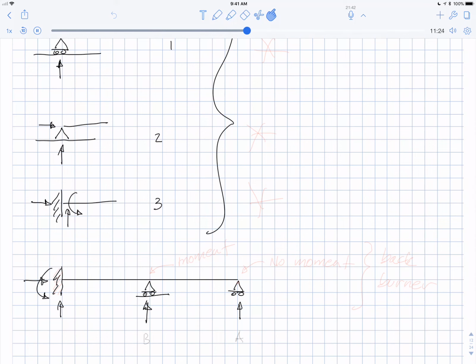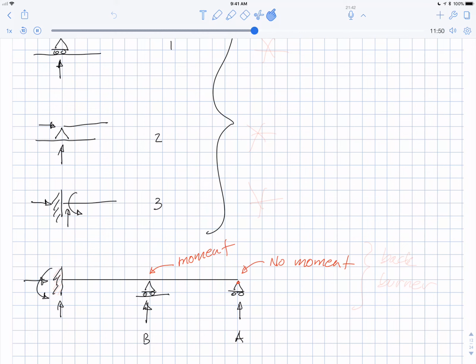However, let's call this A and B. The difference between A and B is that here there's no moment. It's pinned and it can spin, there's no moment. Here, that's something different. There is a moment there because it's not actually hinged right there.